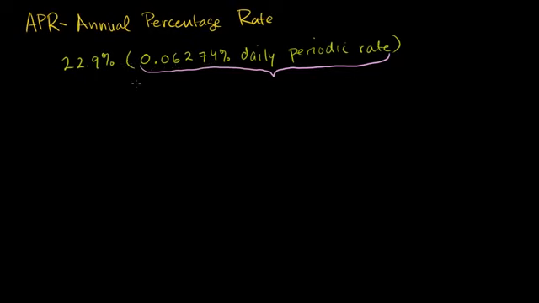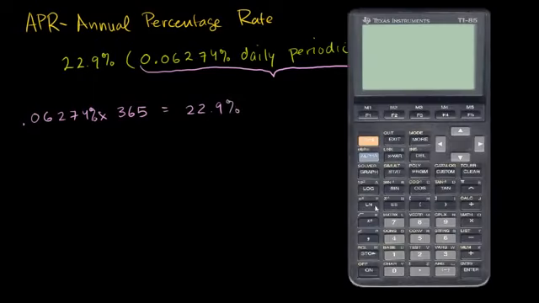Well, if you just take 0.06274 and multiply by 365 days in a year, you should get this 22.9. And of course, this is a percentage here, and this is a percent here. Let me get out my trusty calculator and see if that is what they get.